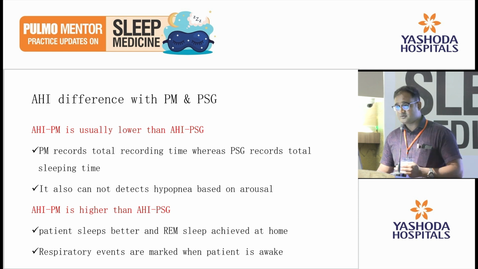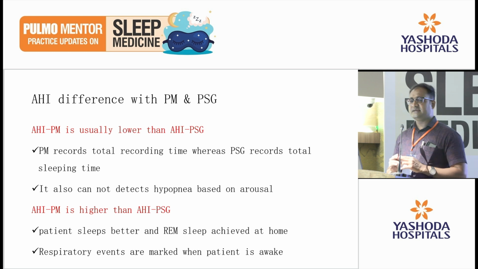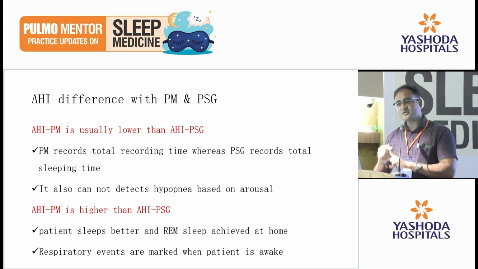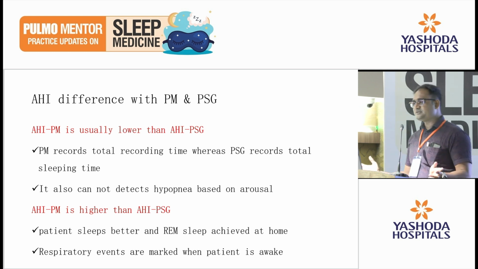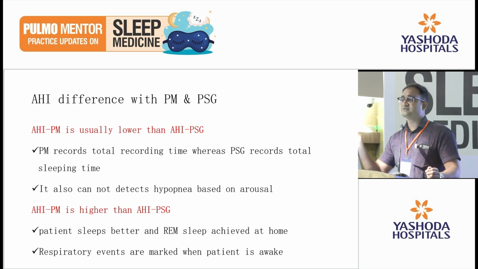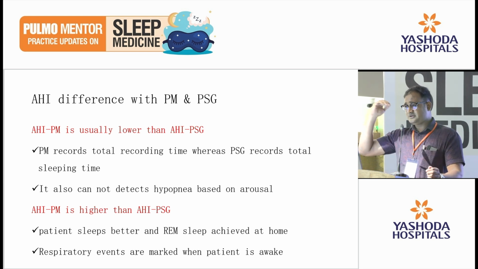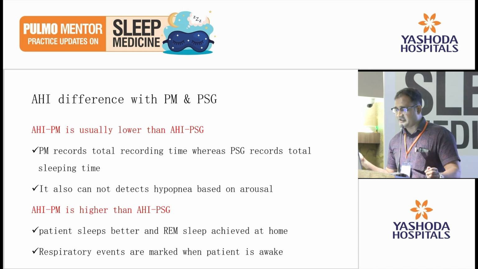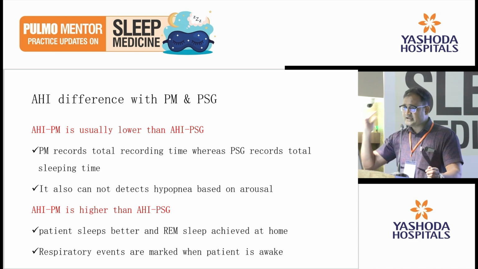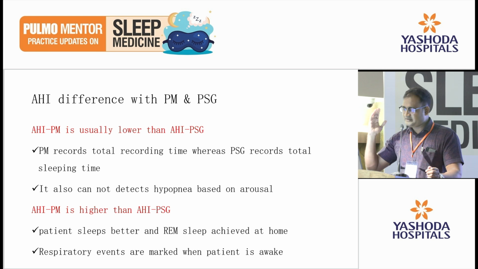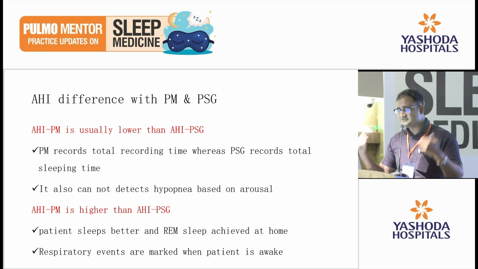In scoring, you will know that hypopnea scoring is based upon desaturation or arousal. As portable monitoring is not detecting your sleep stages, it will miss some of the hypopnea events. So obviously, the AHI in portable monitoring will be a bit lower than in polysomnography, but sometimes it is higher. In which condition is it higher?